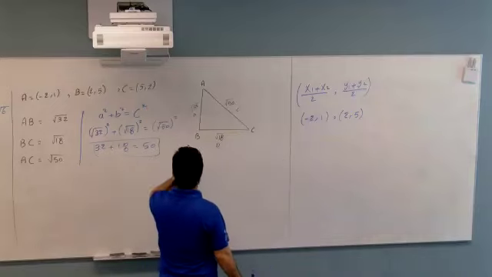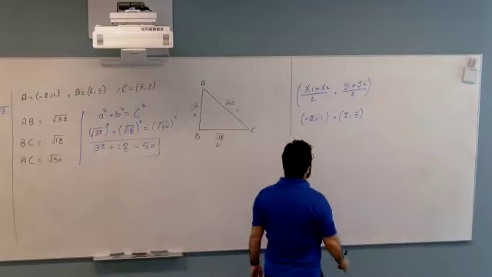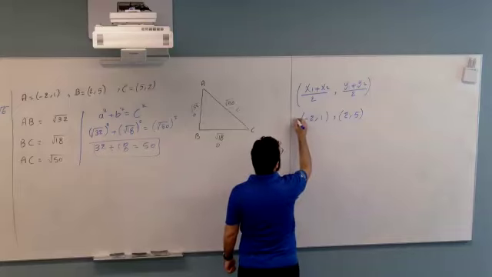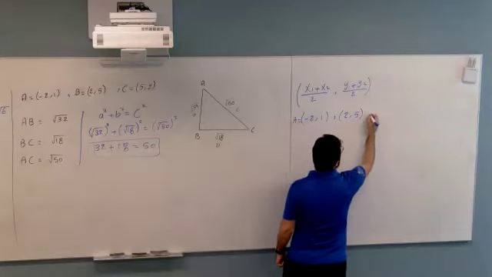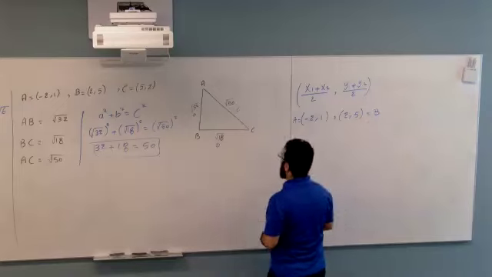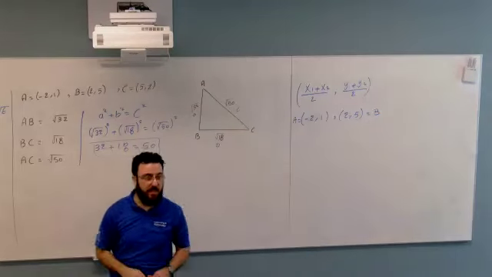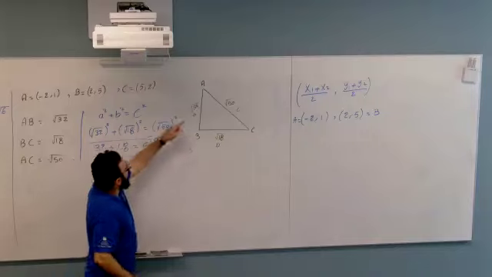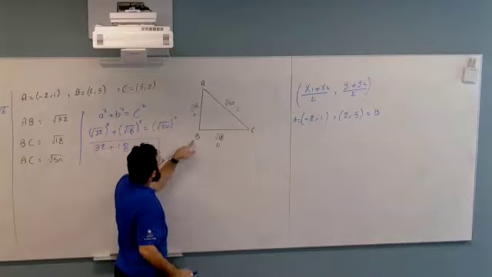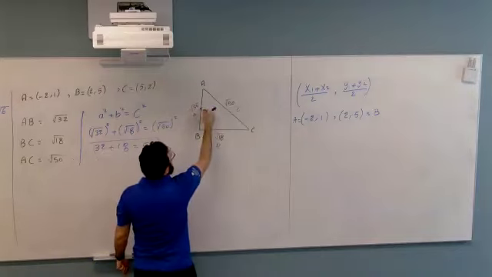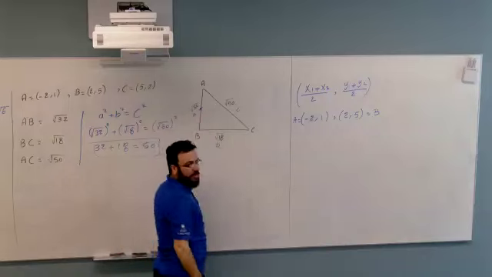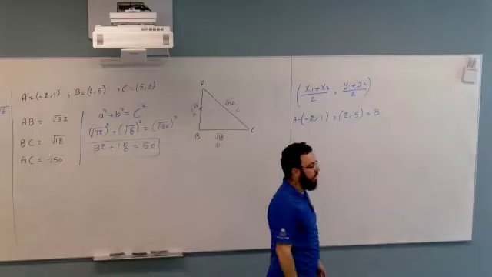Oh, you choose C. Okay, I choose C. It's fine. So now we know this is A, and this point is B. So if I apply the midpoint formula, I have the point A and the point B. The new point is going to be the middle point between A and B, okay?